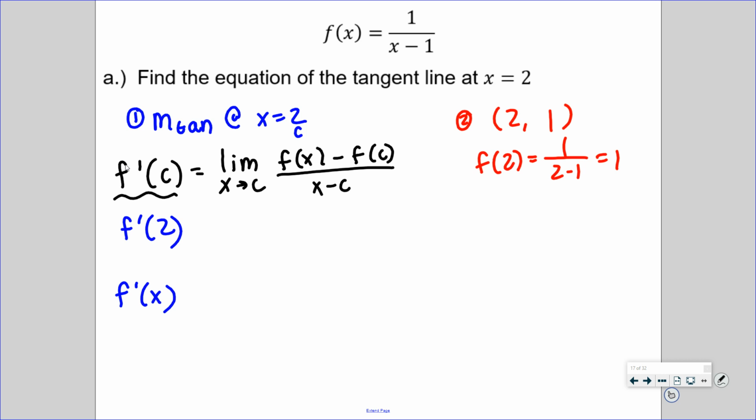This is specifically at 2 is what that notation means. Okay, so watch how this is just a little bit less algebra. So we want to find the limit as x approaches c, which is 2, of f of x. So my equation is 1 over x minus 1, minus f of c, and c is 2.